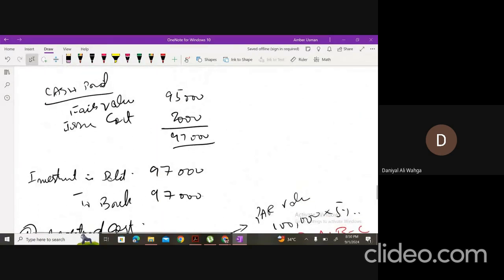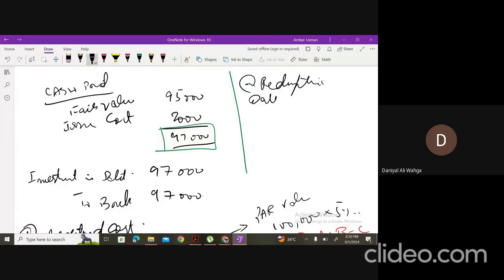How much did you invest in these bonds? 97,000. At the redemption date, what are you getting back?